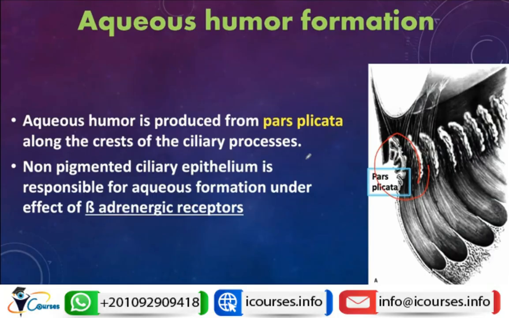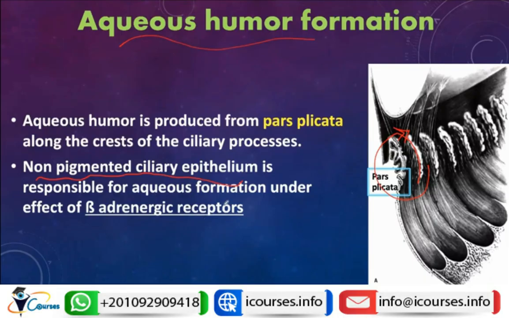We have the non-pigmented ciliary epithelium, which is on the inner side, and the pigmented epithelium, which is on the outer side. The aqueous is formed by the non-pigmented ciliary epithelium, which is on the inner side toward the posterior chamber. These are the cells responsible for aqueous humor formation, and this is under the effect of the beta adrenergic receptors.